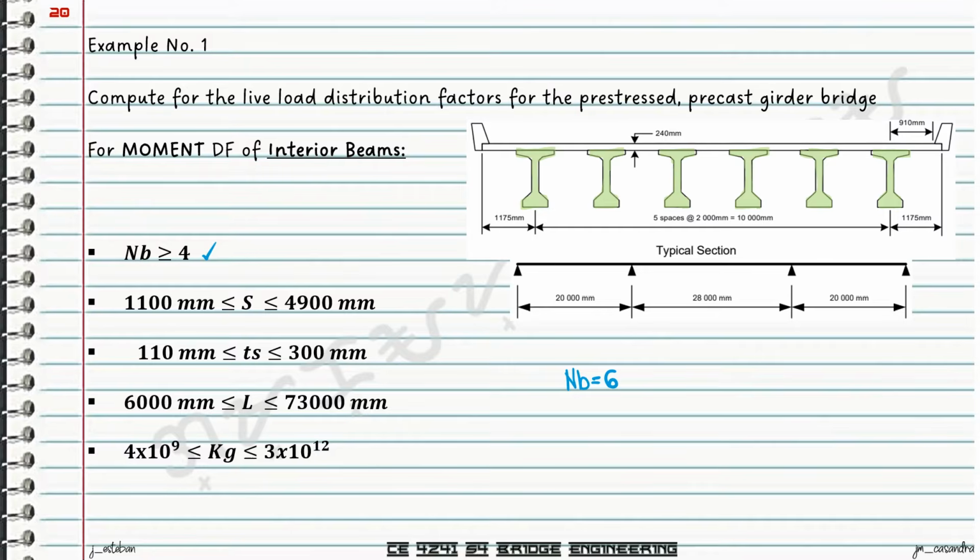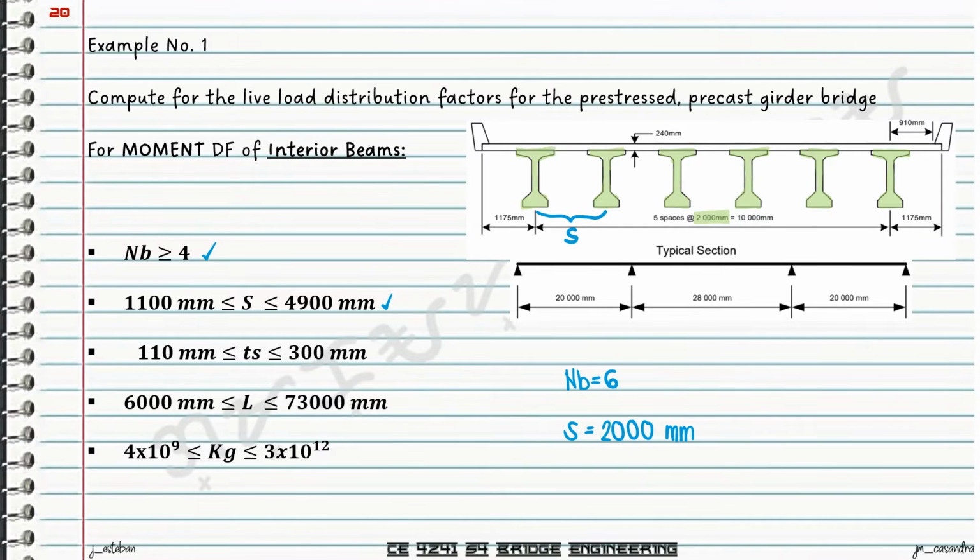Next we check on our spacing between the stringers. This will be your S, or the spacing of the stringers. And from the given section, the spacing is 2,000 millimeters. So S is 2,000 millimeters. It's within our range.